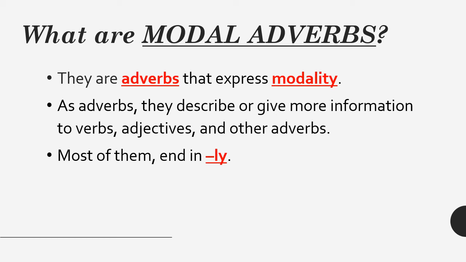These words are the verbs, the adjectives, and other adverbs in the sentence. So you will see later what I mean because we will be giving certain examples. And the third bullet is most of the modal adverbs that we have, they all end in ly. So probably, this is one of the most obvious differences of modal adverbs from modal nouns and modal verbs because most of them end in ly.